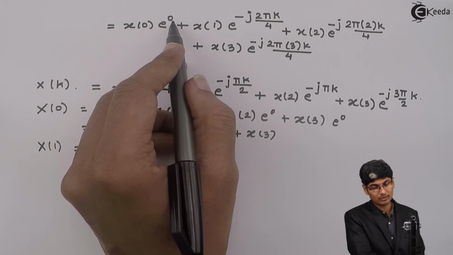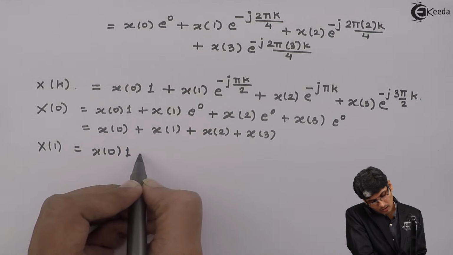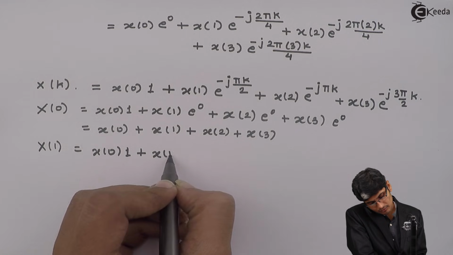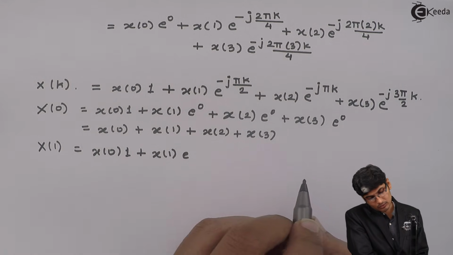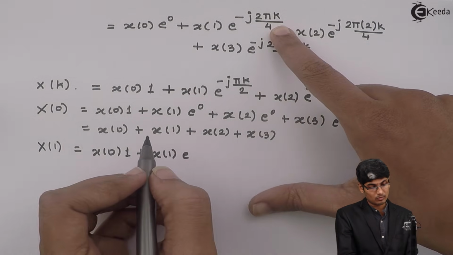So whatever the value of k is, this factor is always going to be 1. Plus x of 1 e raised to, now I'm going to put k as 1 over here.